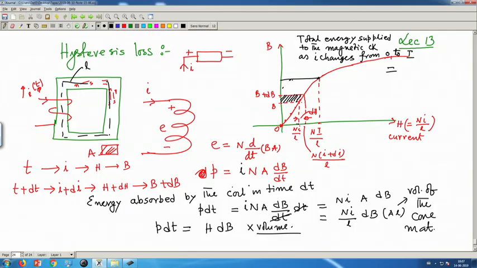Are you getting this whole area now? H dB, these strips you have to add. So, this area.